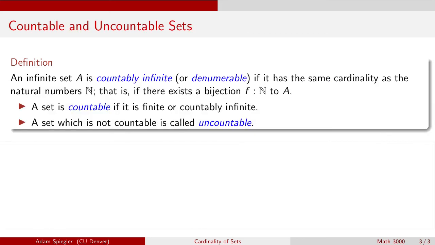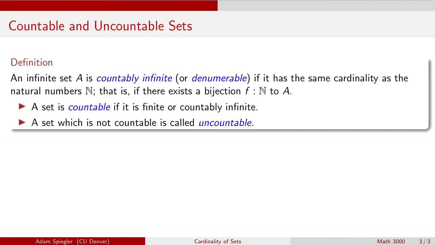And so we can classify these different types of infinity into two categories, and we'll define those two categories in the following way. So we'll say that an infinite set A is called countably infinite, or it might be called denumerable. These are used interchangeably if it has the same cardinality as the natural numbers.